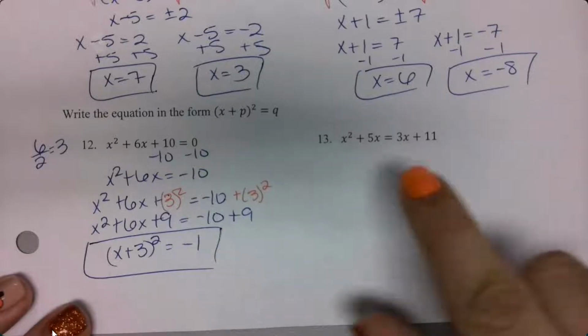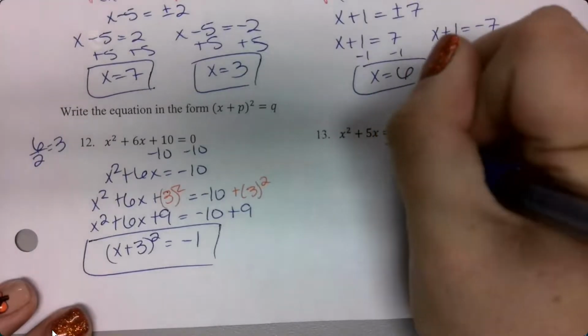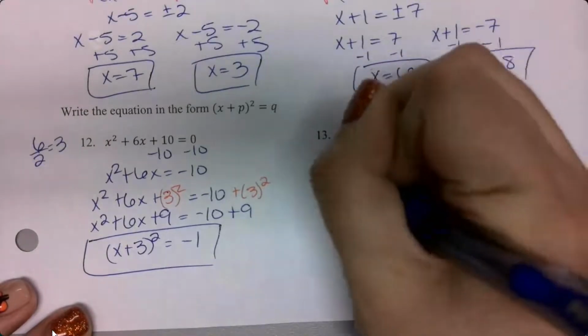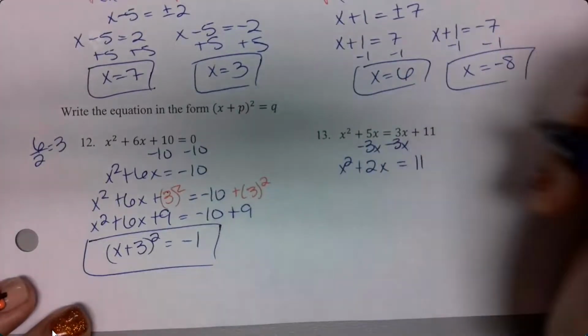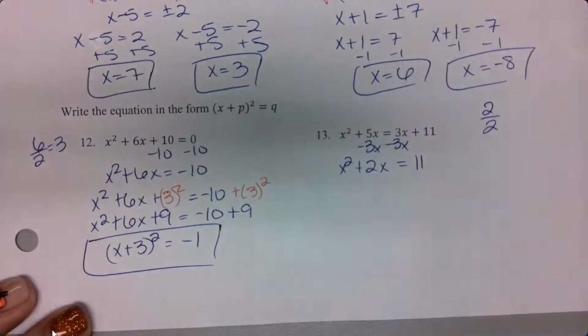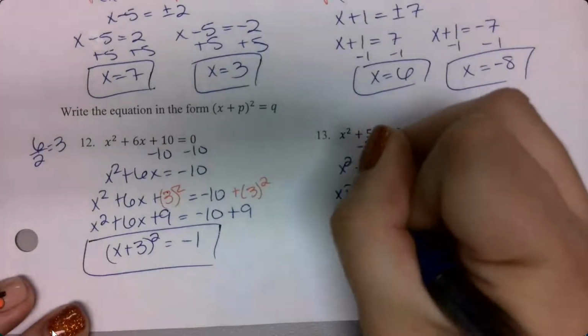Next one, I want to get all my x's on one side and all of my constants on the other. So I'm going to subtract 3x on both sides. That gets me x squared plus 2x equals 11. So same thing, I want to take the 2 and divide by 2, which gives me 1. So I'm going to add 1 squared to both sides.